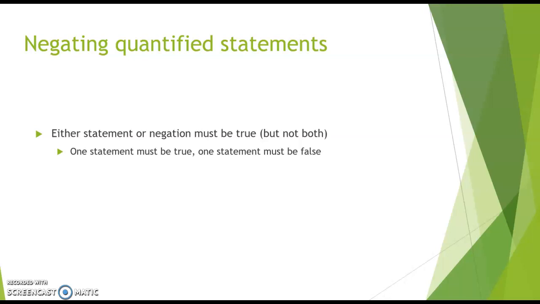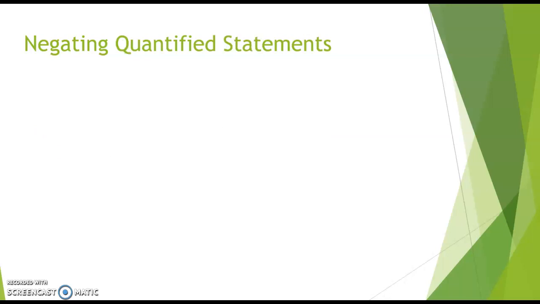All right, so let's look at some examples. We're going to negate some quantified statements. Now, let's look at our basics before we get to examples. Sorry, I get excited. If I say all A are B, the negation of that would be some A are not B. So one of those is true, one of those is false. That's kind of the deal.